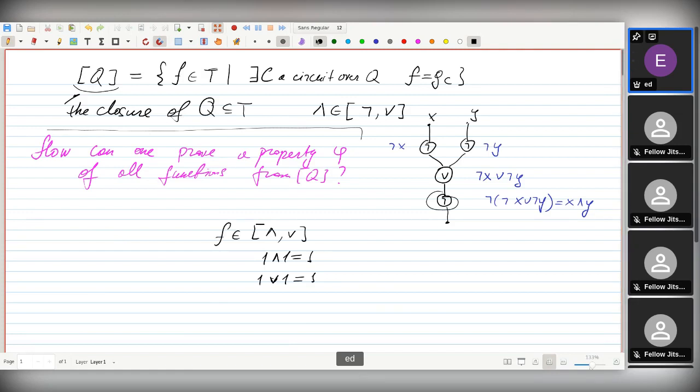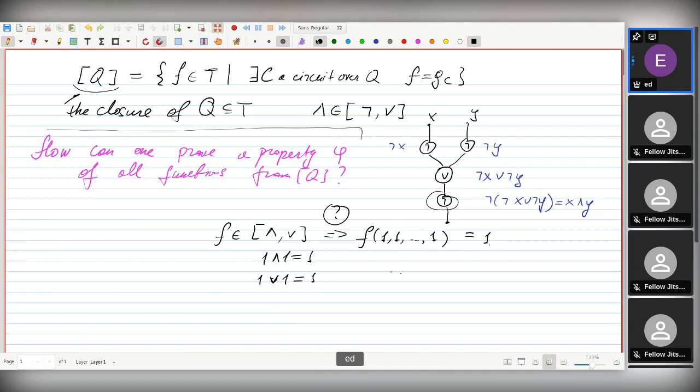But given our function is somehow constructed from conjunctions and disjunctions, is it true that if we feed it with all unities, we will obtain a unity? It is quite intuitive.